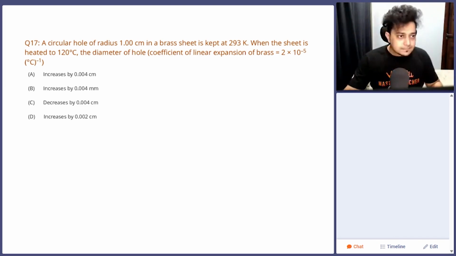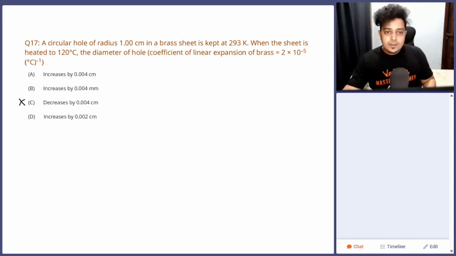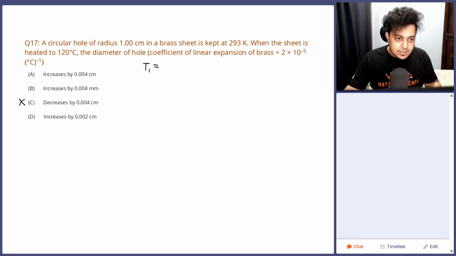Now we have to calculate the change in diameter. The diameter will increase definitely, so C is not possible, and then the rest of the values are there. Some of them are in millimeters, some of them in centimeters. So what is the initial temperature? Initial temperature is 293 Kelvin.